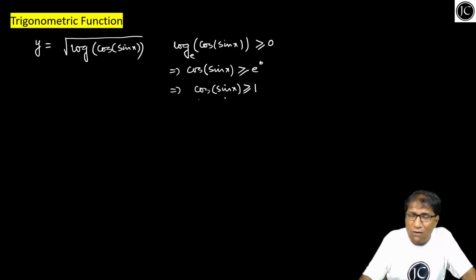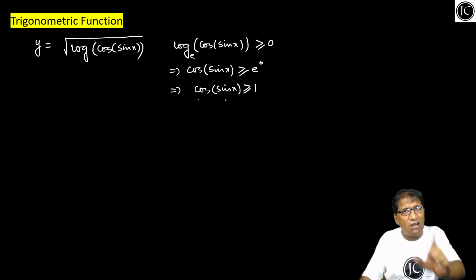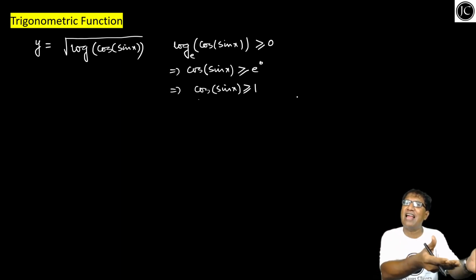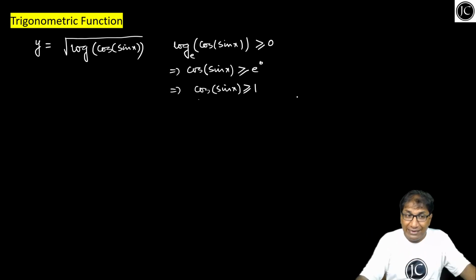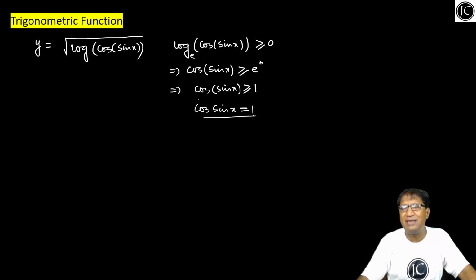But cos of any angle, can it be more than 1? No, because cos theta always lies between -1 and 1. Therefore, the only value cos of sin x can take is 1.